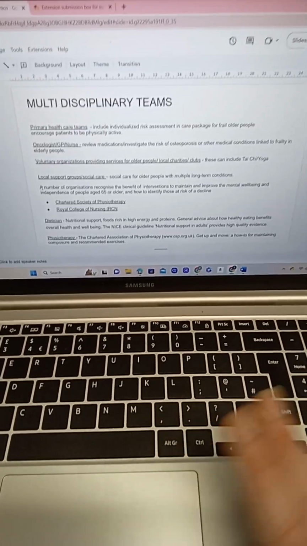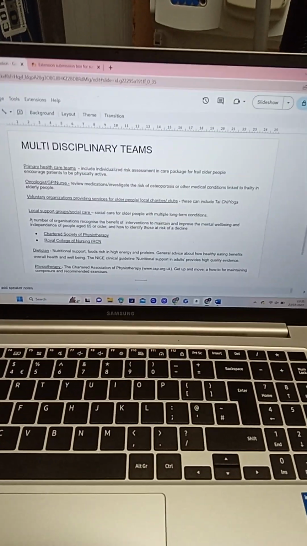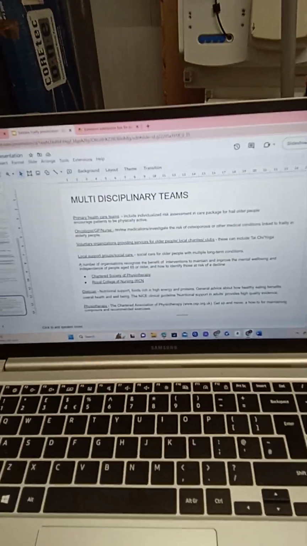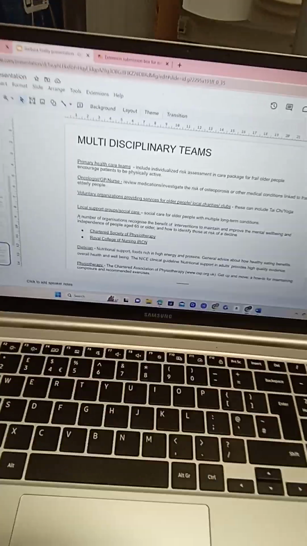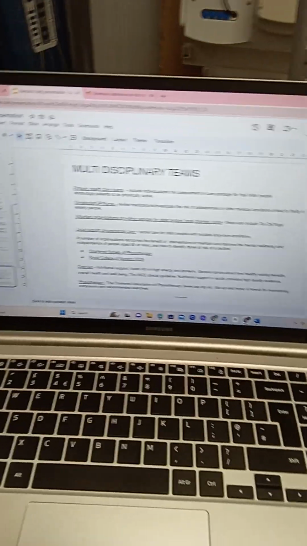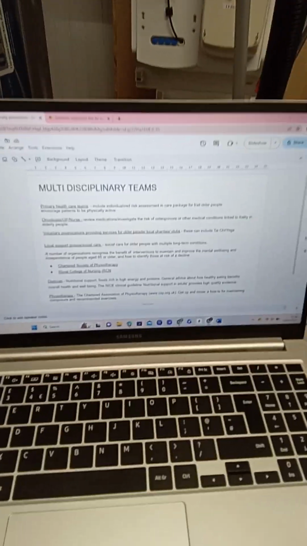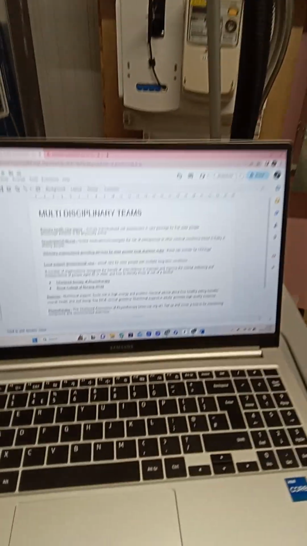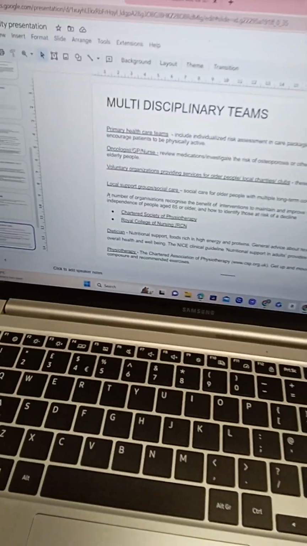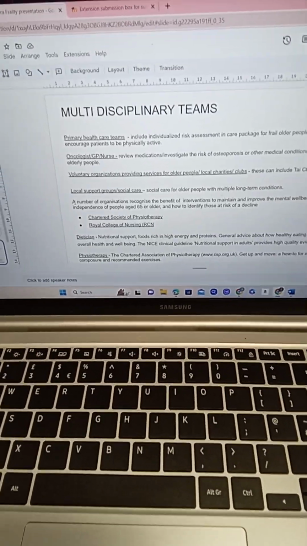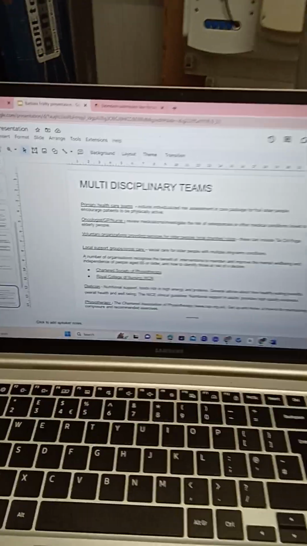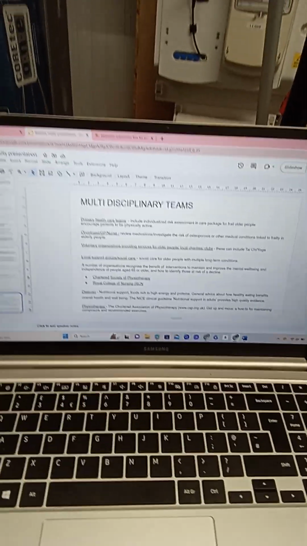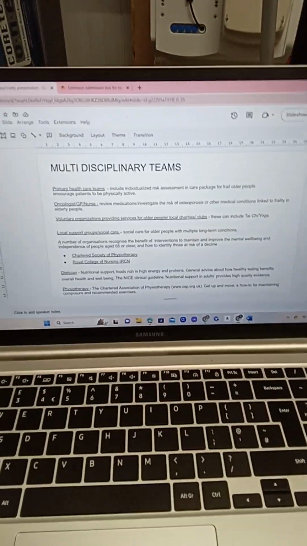So other multidisciplinary teams: we've got primary healthcare teams, so we can look at maybe a care package for Barbara. We've got oncologists, so review her medications with her nurse at the moment, see if there are any other medications she can go on. And you've got voluntary organisations providing services for older people, so local charities. These can include doing Tai Chi and yoga in a different place, or local support groups with social care for long-term conditions, or a local support group for Barbara to go to.